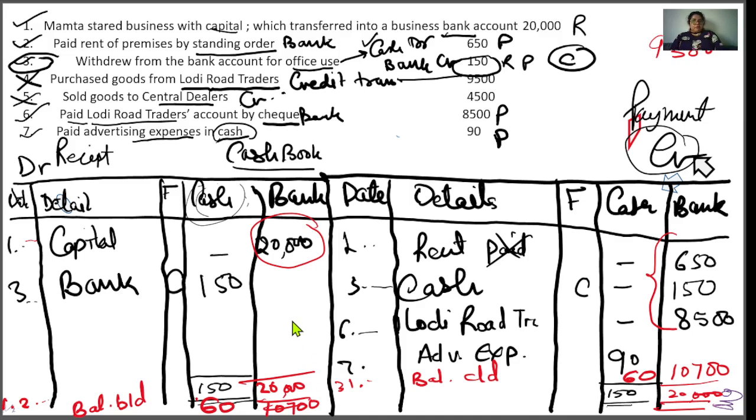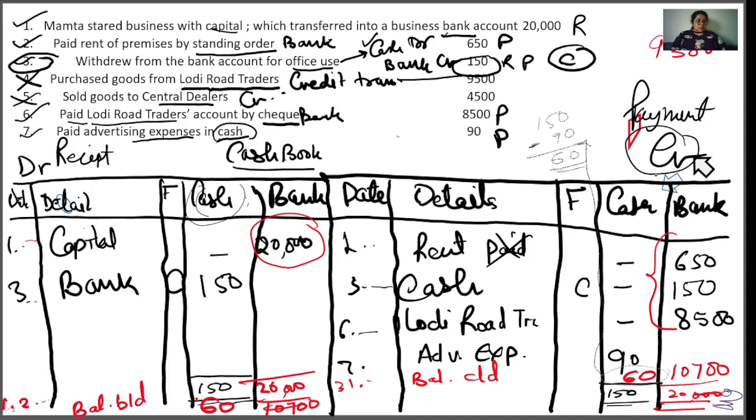So for your reference I will give you a hint how to find out the 60. You will get 60 by deducting the credit side total 90 from the debit 150.